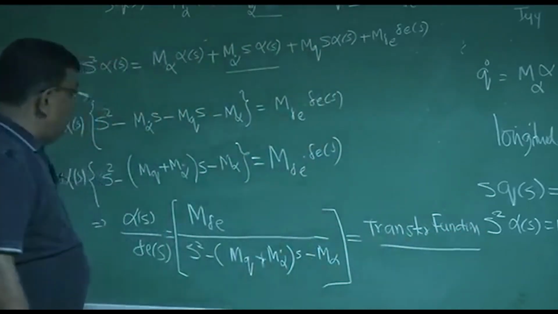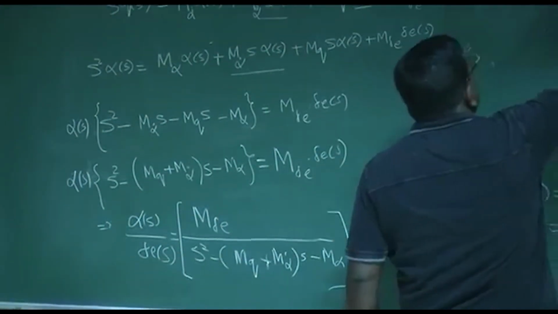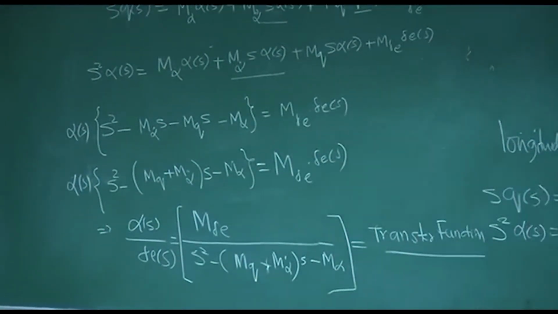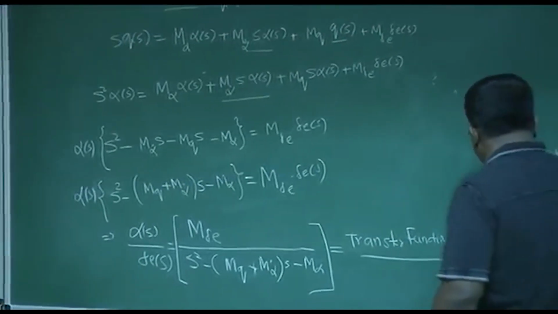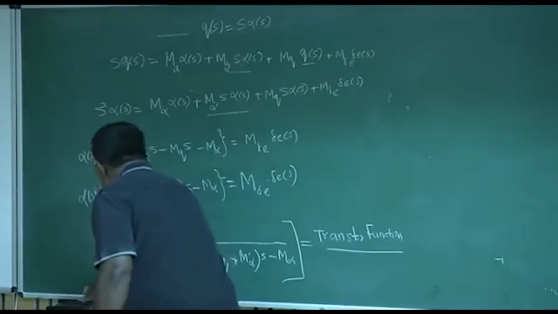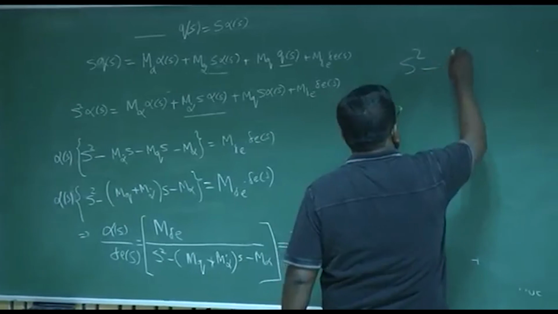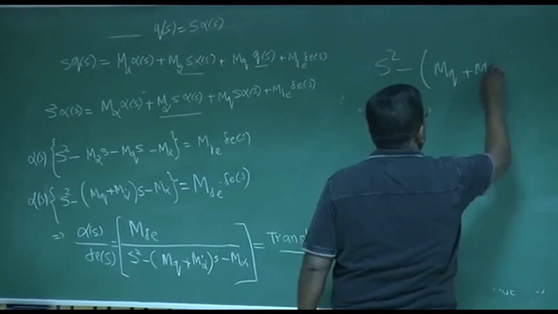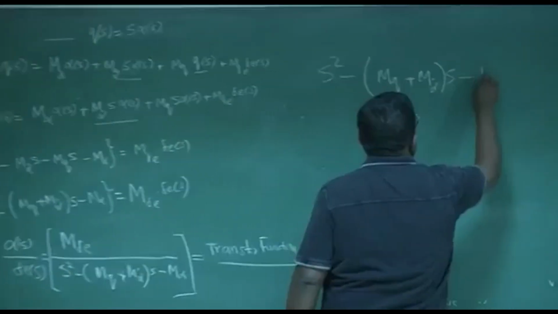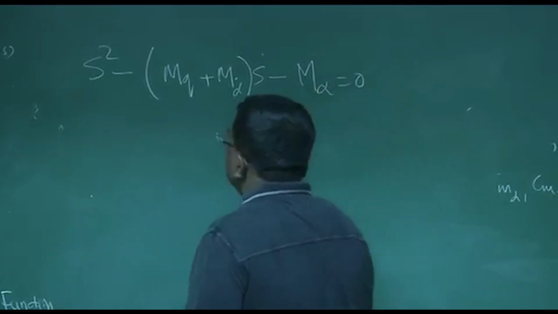Okay. Now if you want to find out natural frequency and damping ratio for pure pitch longitudinal motion, this is very, very straightforward. You know that the characteristic equation is S square minus MQ plus M alpha dot S minus M alpha equal to 0, right?